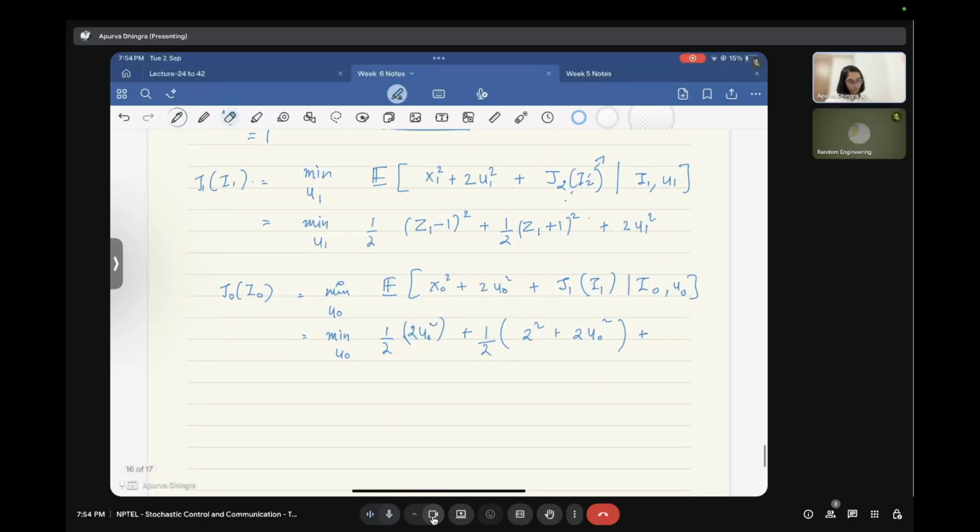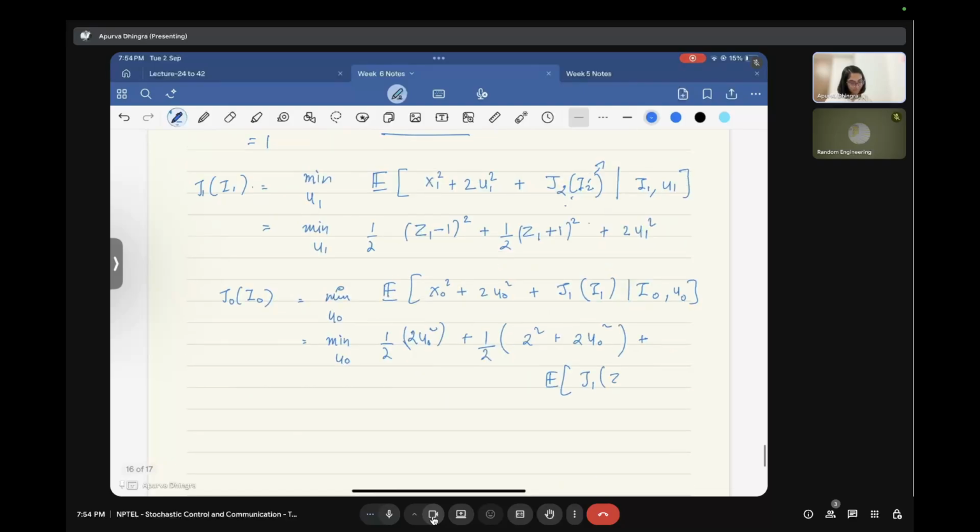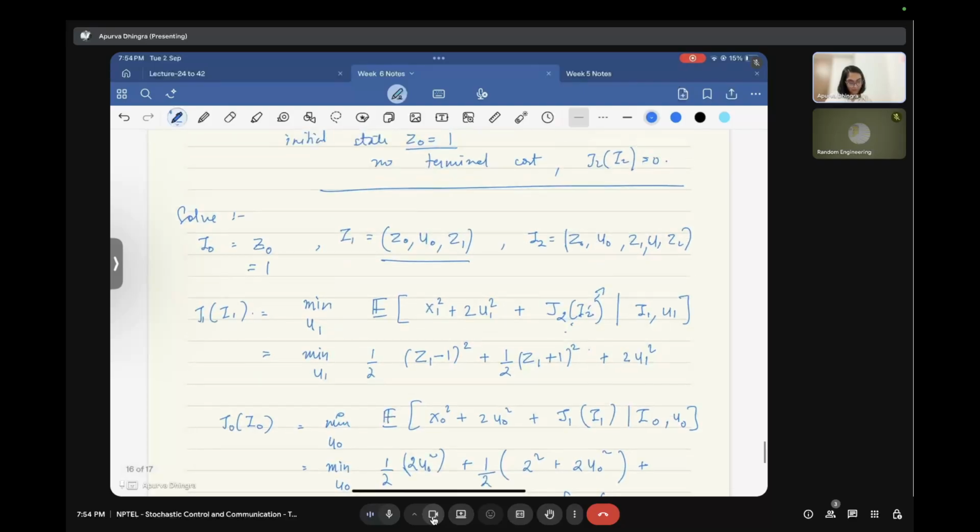This is something that we need to do very carefully, so I am not writing it yet.